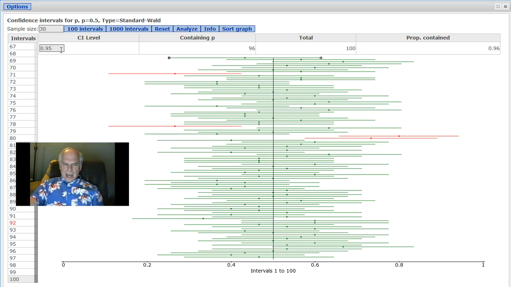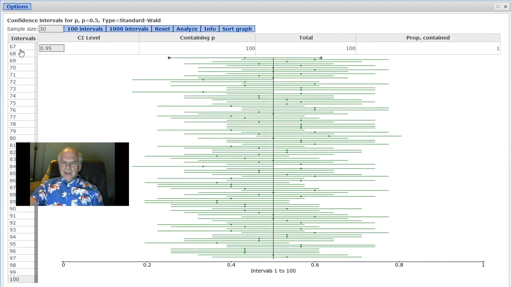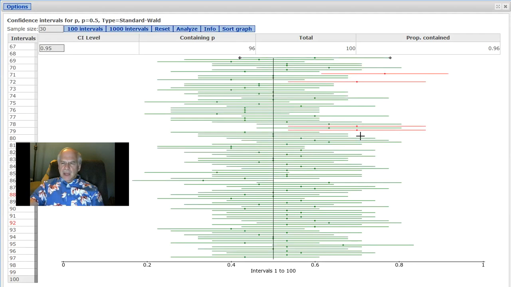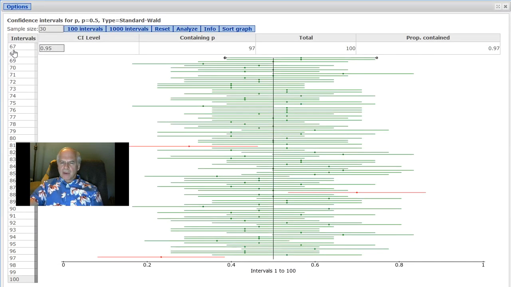But on average, if you do this again, I can hit refresh and it'll do this again. This time, we didn't have any that didn't contain it, which is unusual. This time we had 1, 2, 3, 4. Sometimes you'll have more than 5.